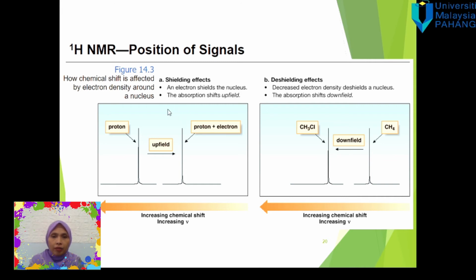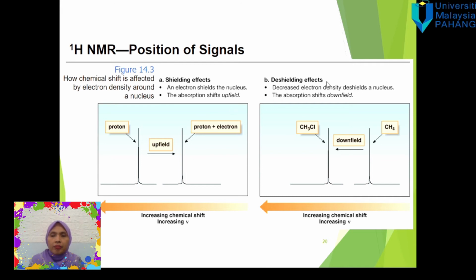When the nucleus is saturated, it has a lot of electrons around it, so the nucleus cannot feel B0. When the nucleus feels less B0, only a little energy needs to be absorbed. That's why the frequency falls at a small value, and this small value is in the upfield region.